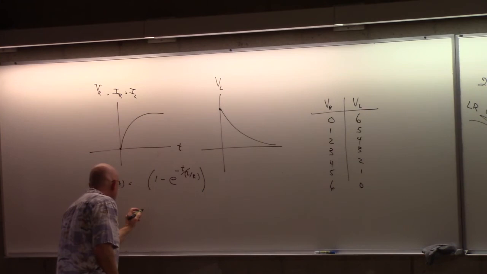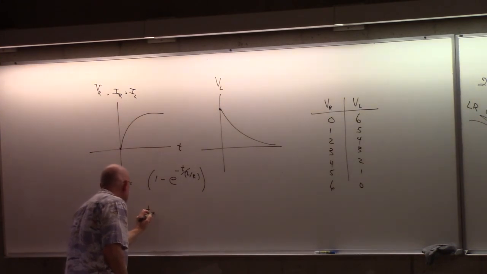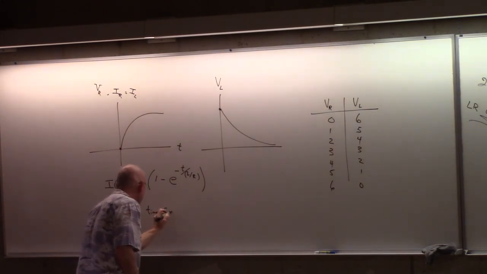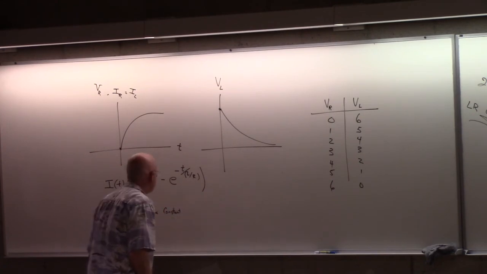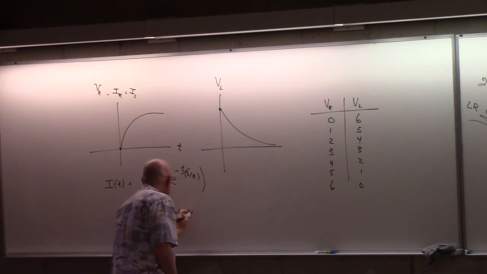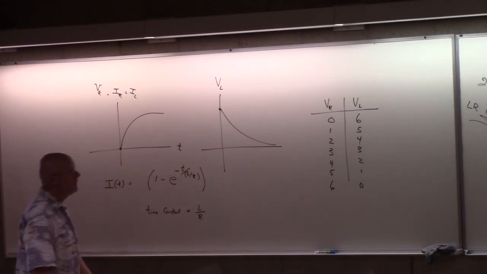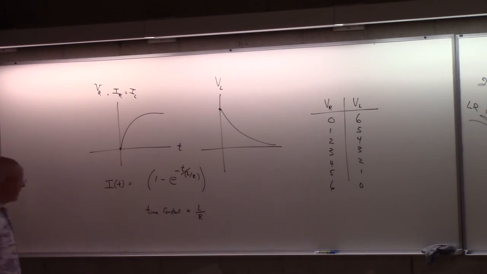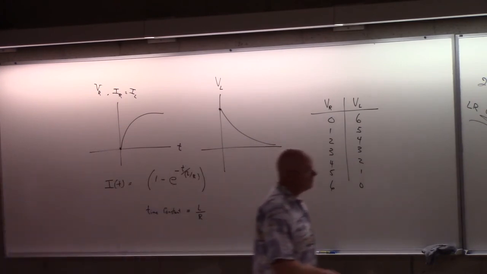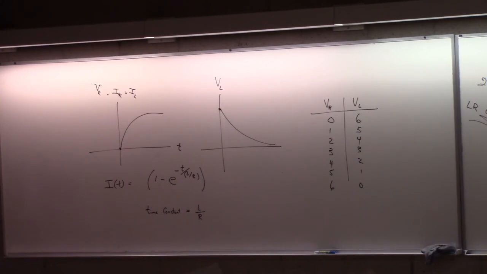And so we called this the time constant when we did the capacitor. Now that we're doing the inductor, I'm still going to call it a time constant. It's just that our time constant before was the two multiplied together.